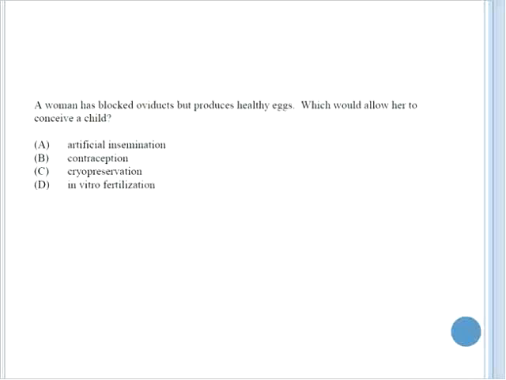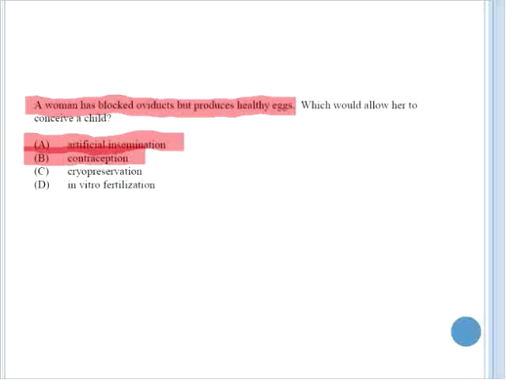This question reads, a woman has blocked oviducts but produces healthy eggs, which would allow her to conceive a child. Again, her eggs are healthy. Artificial insemination is necessary and needed here. Her eggs are fine. There's no reference to her partner. Contraception involves preventing pregnancy.